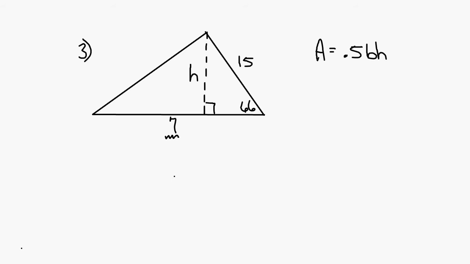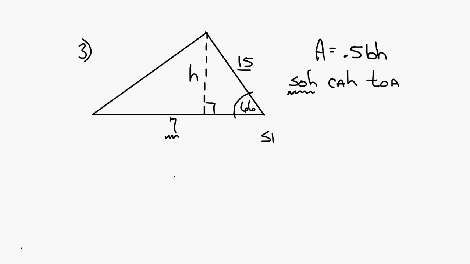So now, in this right triangle, you need to use sine, cosine, or tangent to find this height. And we used SOHCAHTOA earlier in the year. And in this case, you have an angle measure. You're looking for opposite, and you're given hypotenuse. So that is a sine ratio.